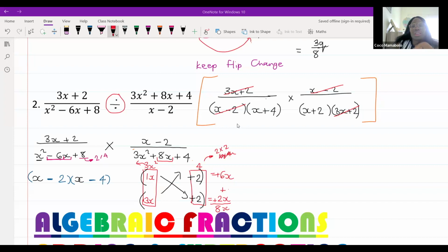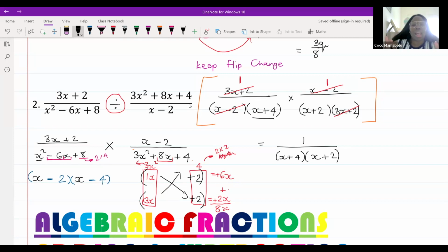So this is 1. This over here is also 1. Remember how we multiply fractions, guys. We multiply the top with the top and the bottom with the bottom. So at the top, I'm going to get 1 times 1, which is 1, over at the bottom, I've still got x plus 4 and x plus 2.